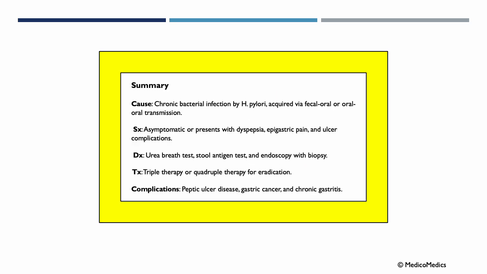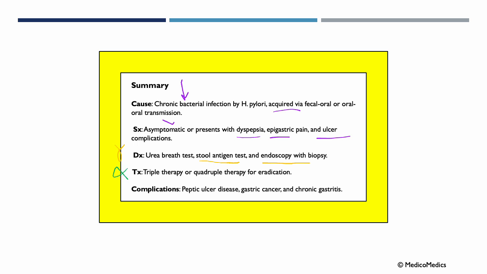So in summary then, H. pylori, a chronic bacterial infection by H. pylori. It is acquired via the fecal-oral or oral-oral transmission. Symptoms, often asymptomatic or presents with dyspepsia, epigastric pain, and ulcer complications. We diagnose it with a urea breath test or stool antigen test, and endoscopy with a biopsy.